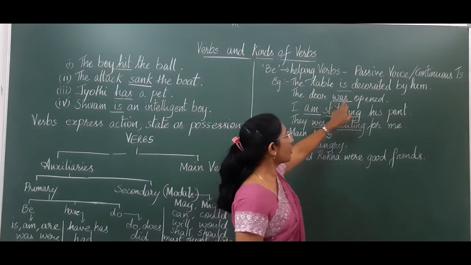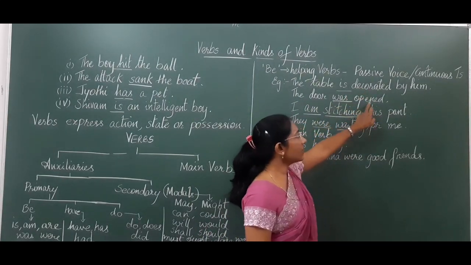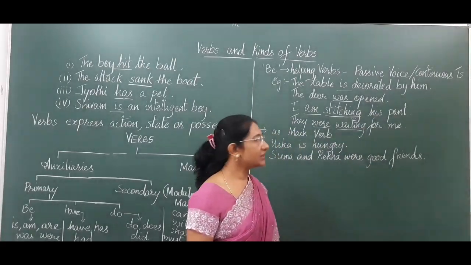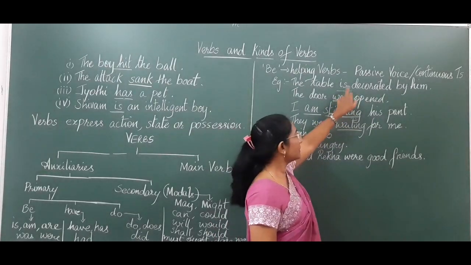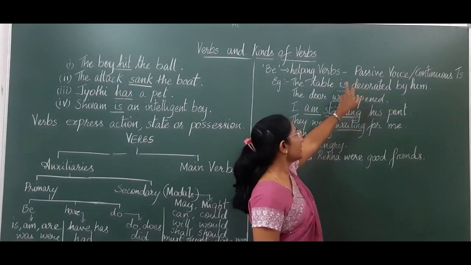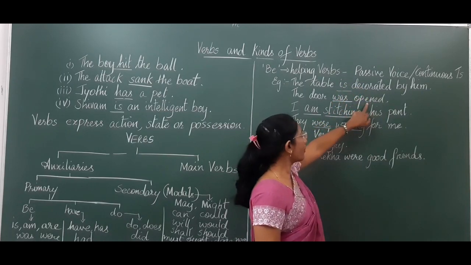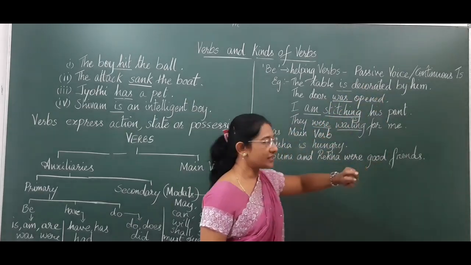The door was opened. The words decorated and opened tell about the passive sentence. Here it helps the main verb decorated and here it helps the main verb opened. So, it becomes a helping verb to form the passive sentence.